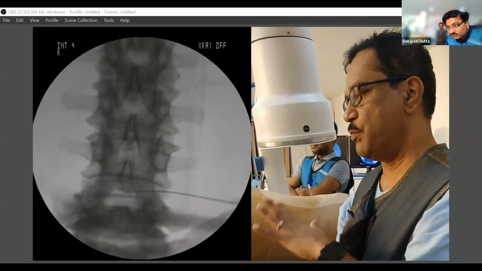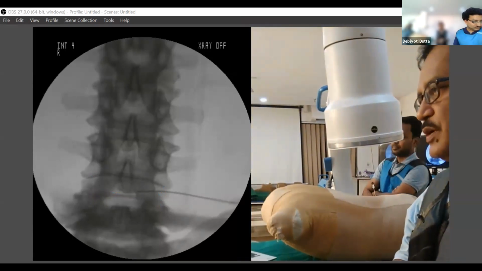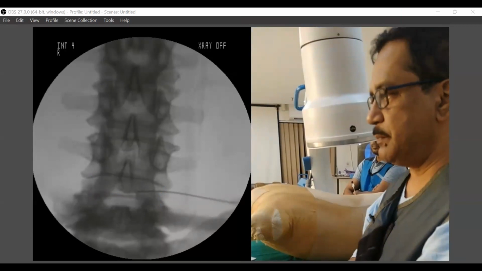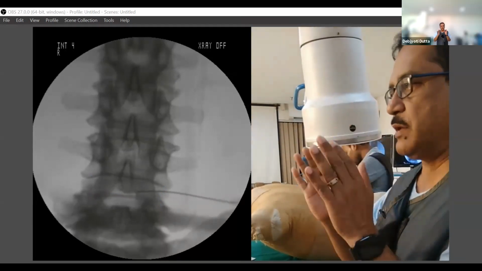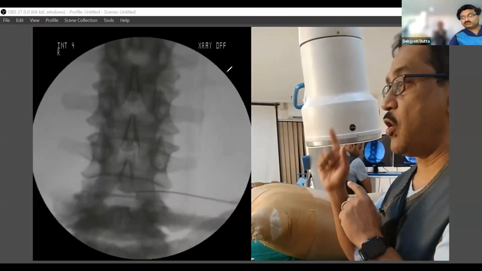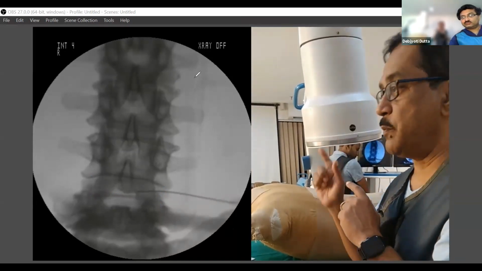Hello, all of you must have understood the discography procedure. The basic procedures for the other lumbosacral levels are the same. That means you need to have a true AP image, then you need to have squaring, and then you need to make an oblique view to see a very good Scottie dog image. As I told you, here a little bit more oblique rotation to have a very clear Scottie dog image is important.